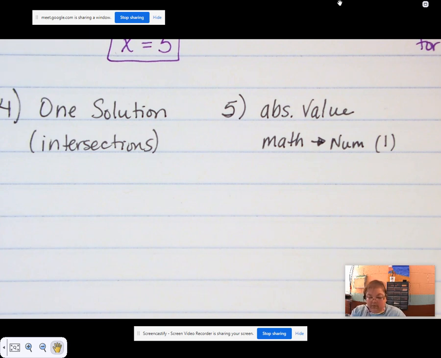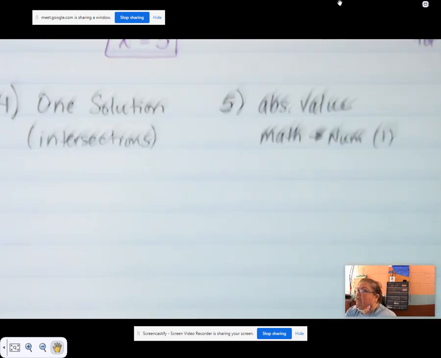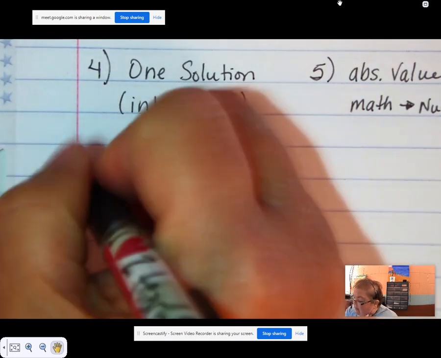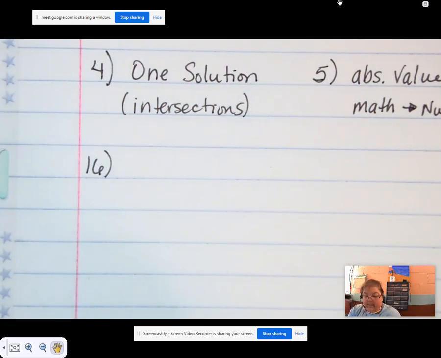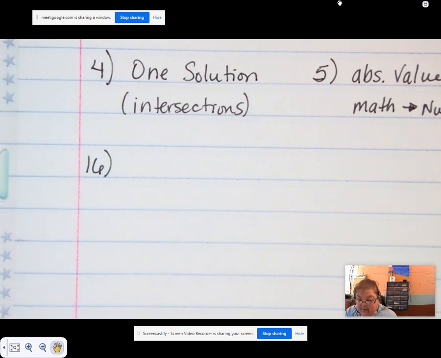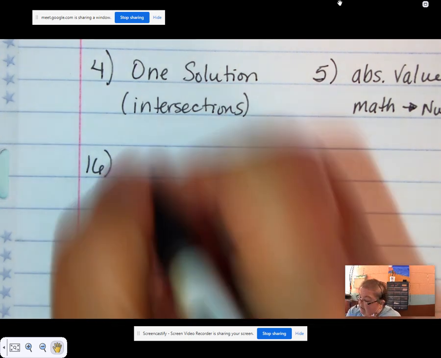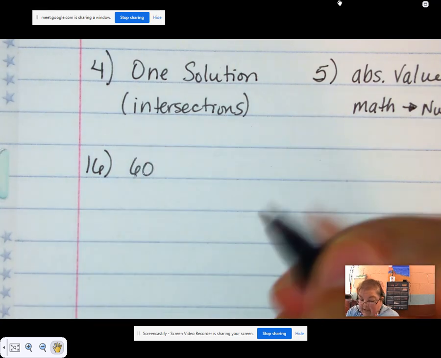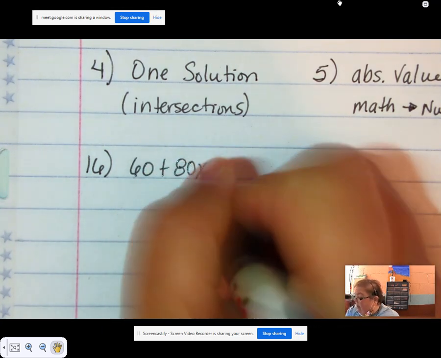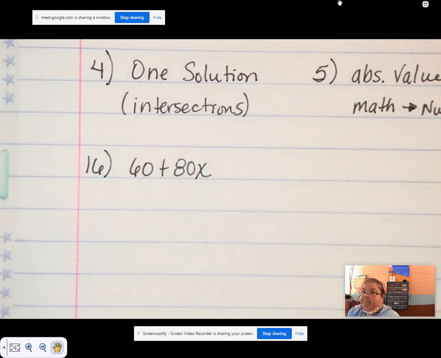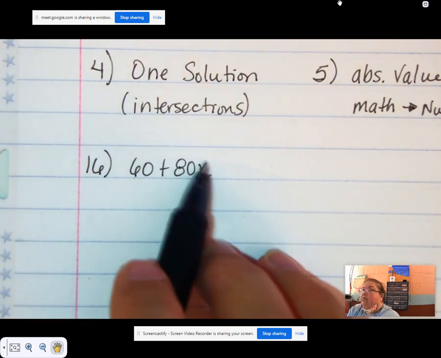Okay. Turn over to number 16 and let's remind ourselves how to set these up. One cable television provider has a $60 setup fee and charges $80 per month. Per each.